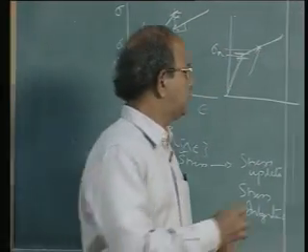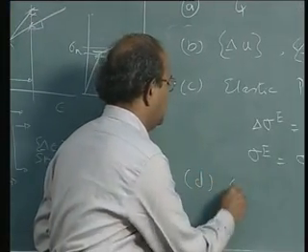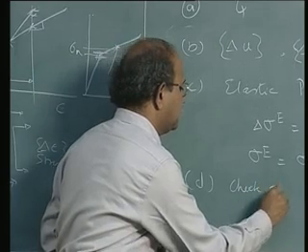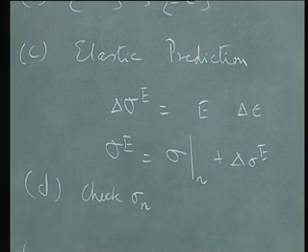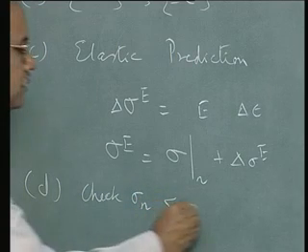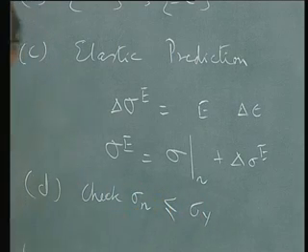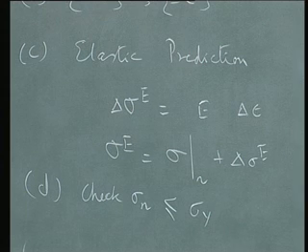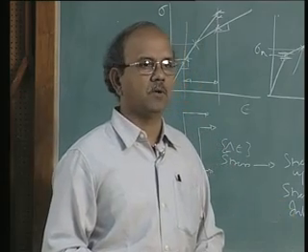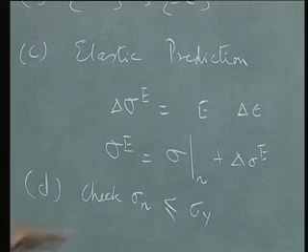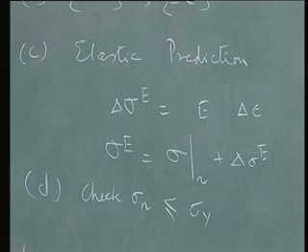Simple. Check sigma n and see whether sigma n is less than or equal to sigma y. We include this case, so we say that it yields when you just cross sigma y, and if this is the case, then we say that it is elastic. So, in order to do a stress update, we need to check this as well.